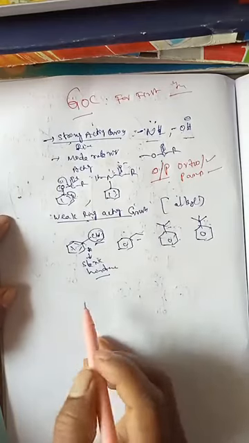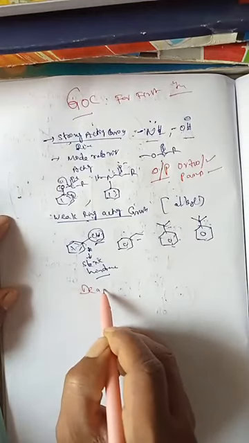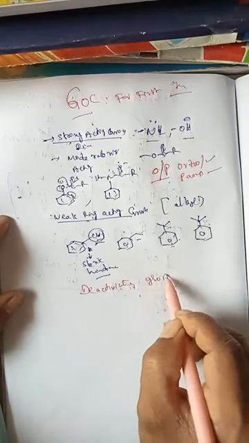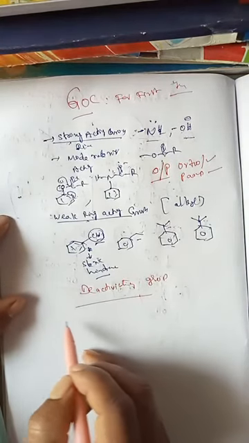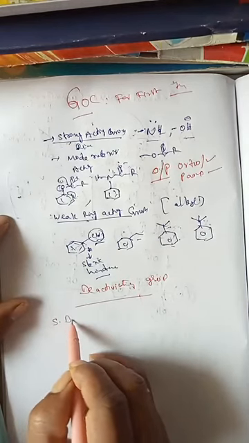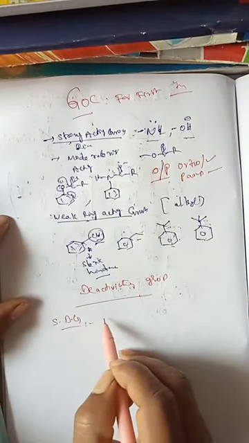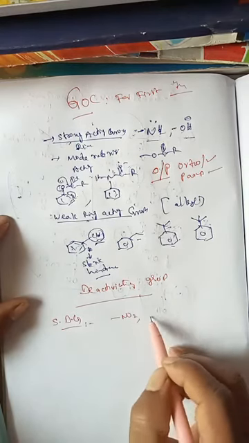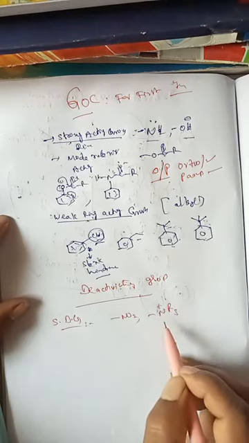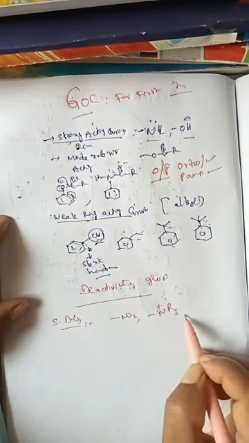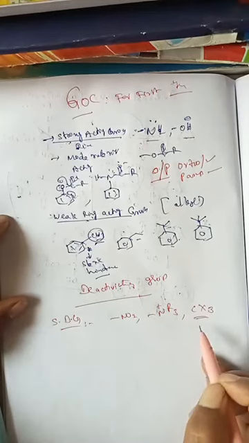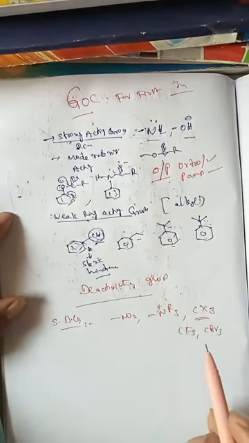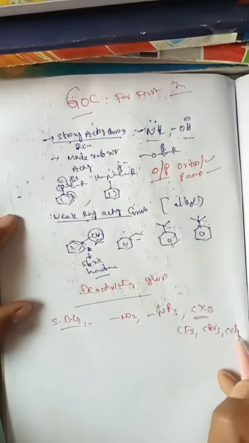Another classification is deactivating groups. What are the ring deactivating groups? Very strong deactivating groups are NO2, the very strong nitro, the trialkyl ammonium N plus R3, and even CX3 like CF3, CBr3, and CCl3.